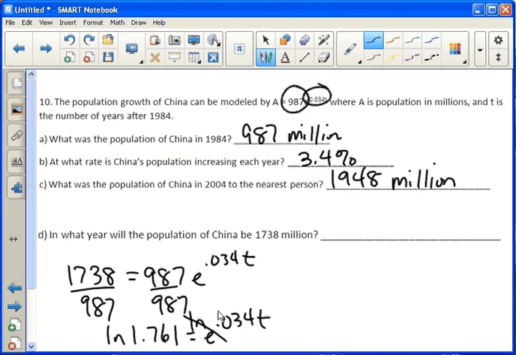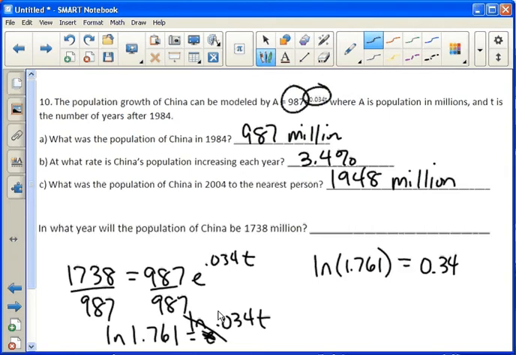So we get the natural log of 1.761 equals 0.034t. So now I just divide both sides by 0.034.